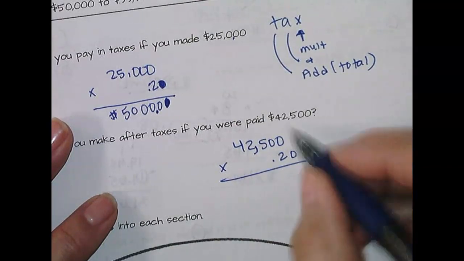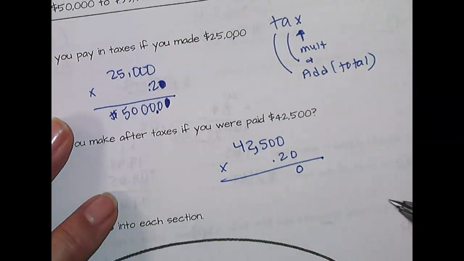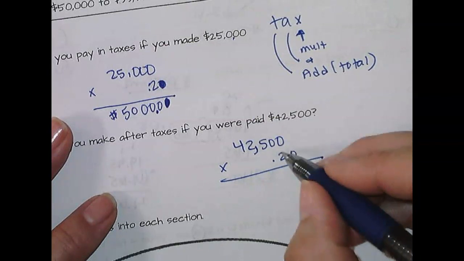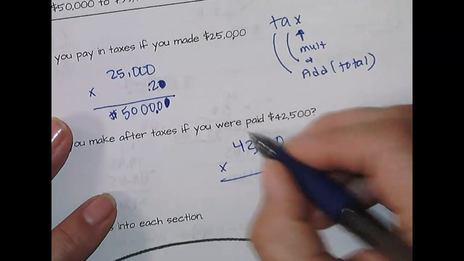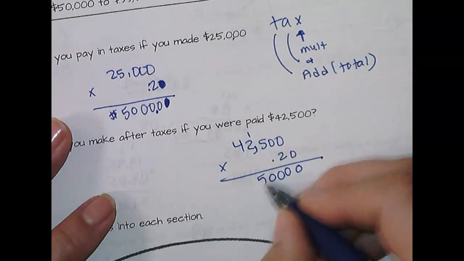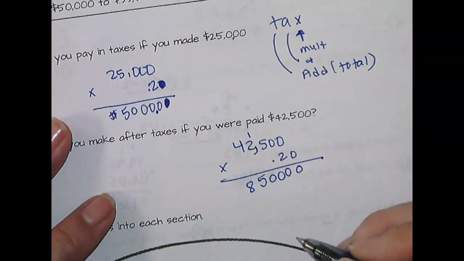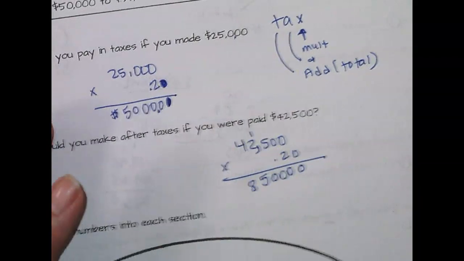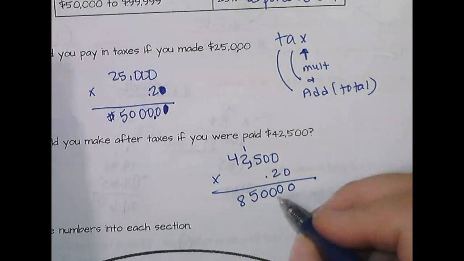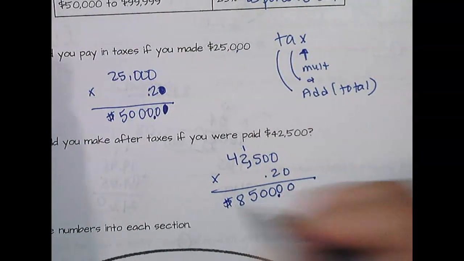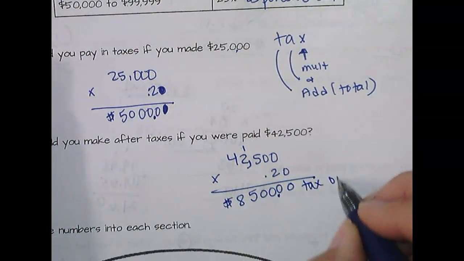Yeah, I'm going to hang that zero off. So this zero comes right here and is already part of the answer. And then 2 zeros times 2 is 2 zeros. 5 times 2 is 10, carry my 1. 4 plus 1 is 5, and 4 times 2 is 8. Now, unless you're paying $850,000, which is a lot of money, in taxes, you might want to find a decimal. So how about 2 places? So that's how much you owe in taxes only.